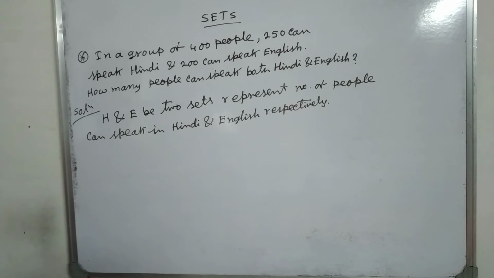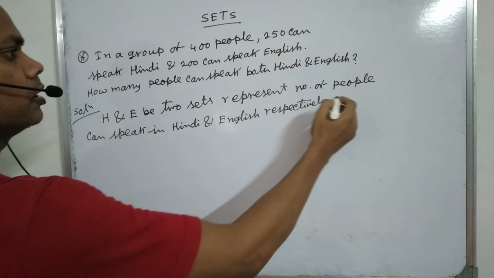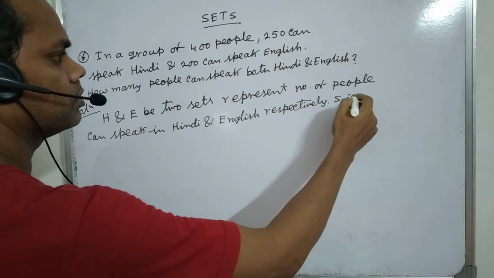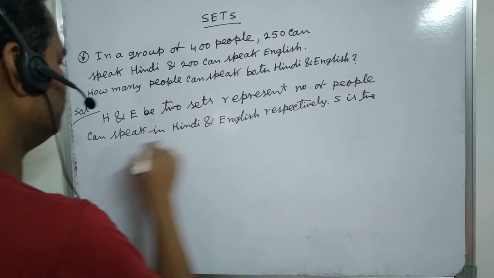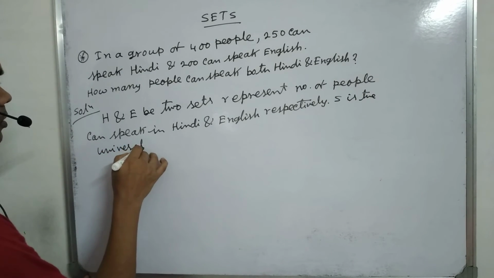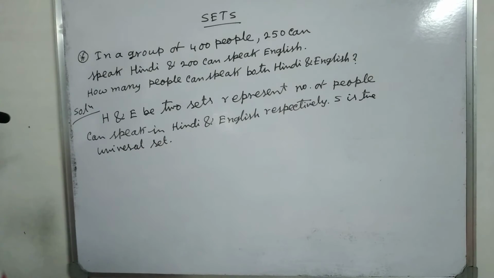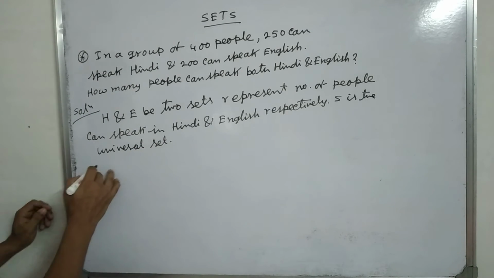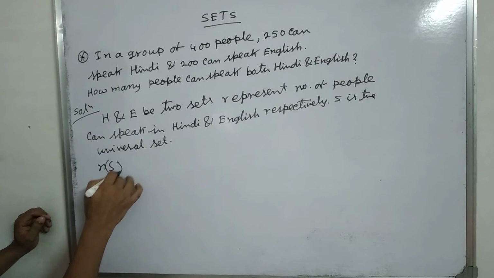And S is the universal set. Now you see that here S is the universal set. That means the number of people in S is equal to 400.